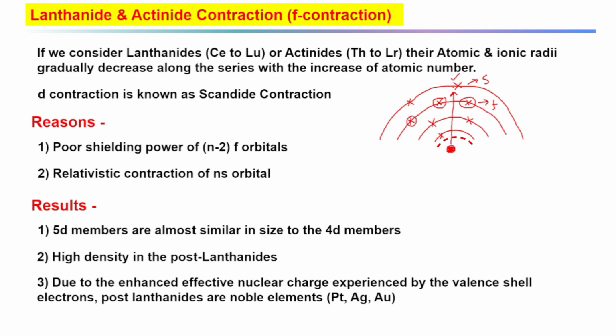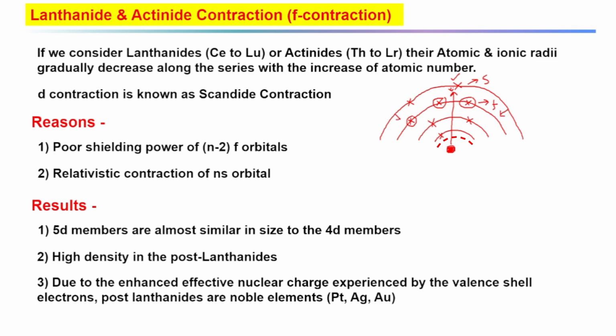Similarly, in the electronic world, these f electrons are diffused in nature, so they cannot shield the attraction of the nucleus to the outermost s and p electrons. Because of the poor shielding power of the n minus 2 orbital electrons, these electrons get attracted and the radius decreases. These orbitals get shrunk.